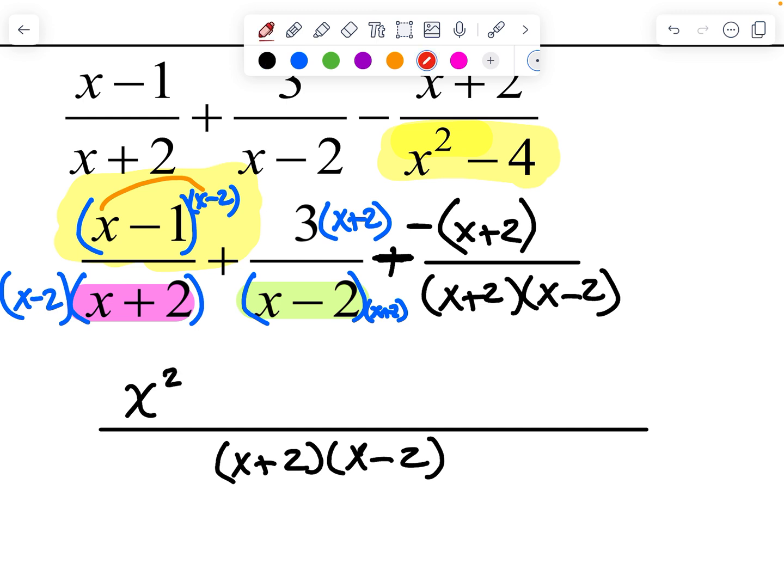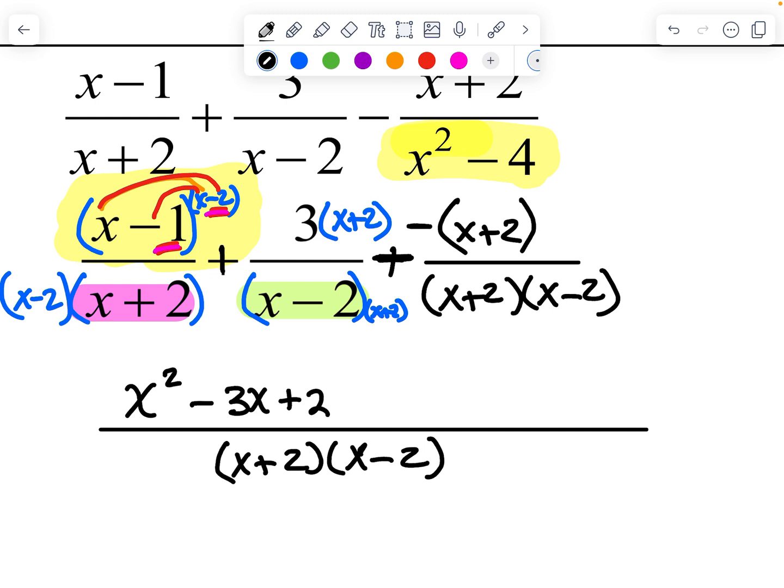You have x times negative 2 and negative 1 times x. So basically, negative 1 and negative 2 are negative 3. So you have negative 3x. And then what you would do is you would multiply negative 1 by negative 2, which would give you positive 2. So you unfactored them, if you will.